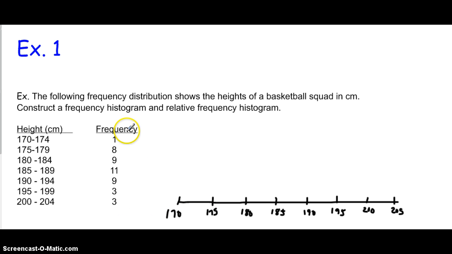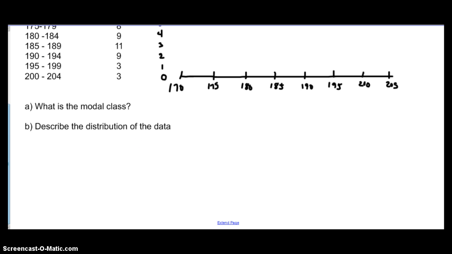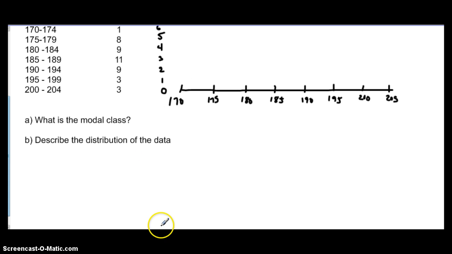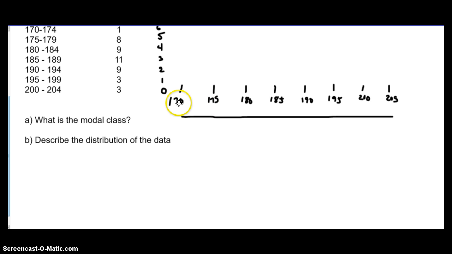Our highest frequency is going to be 11, so we want to step up, and 12 would probably be the highest we have to go to. Okay, I'm going to bring this down a little bit to fit all of our data set here.